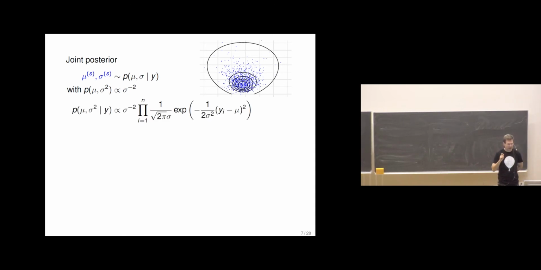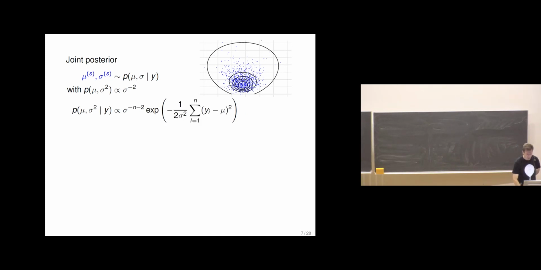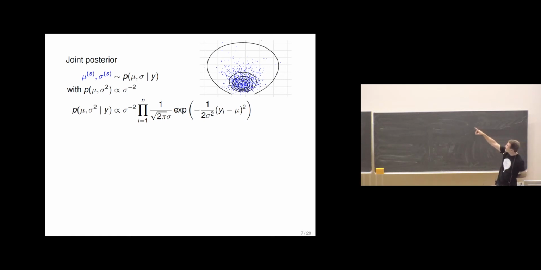We multiply here with the prior, and if we have several observations yi, and assume that they come independently from this normal distribution, we can multiply them as we know from probability theory. Inside of that product we have 1 per square root of 2 pi and sigma.